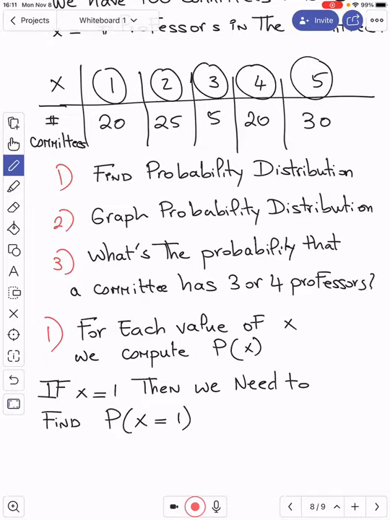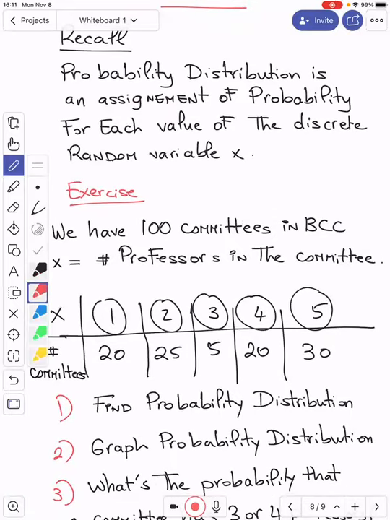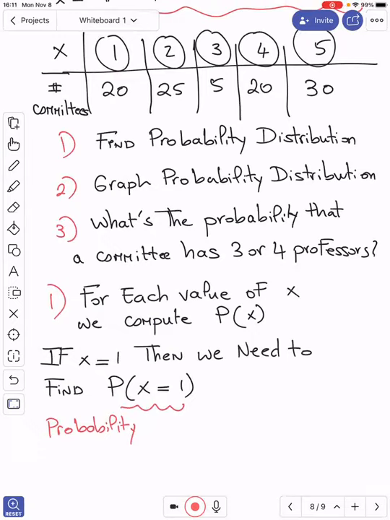Now, what does it mean, the probability that X is equal to 1? But what's X? Remember, we said X is the number of professors in the committee, right? So what we are looking for here is the probability that there is exactly one professor in the committee.